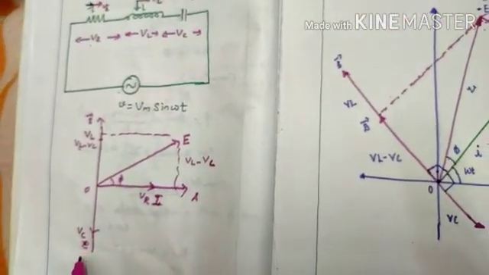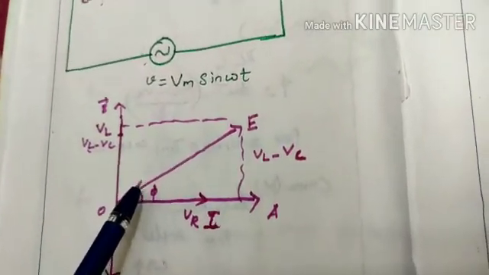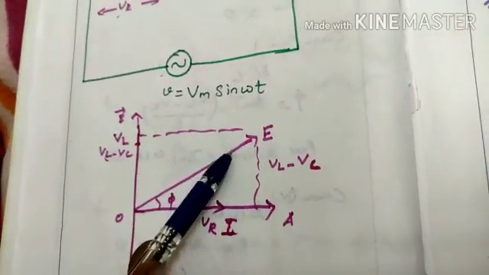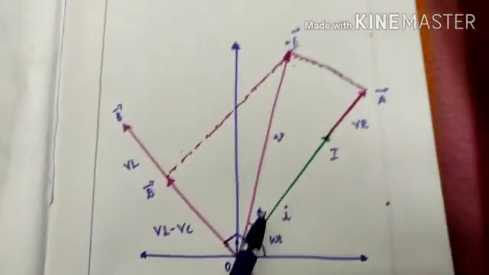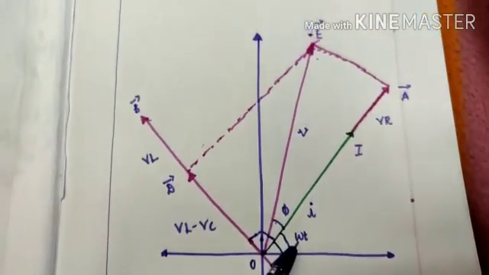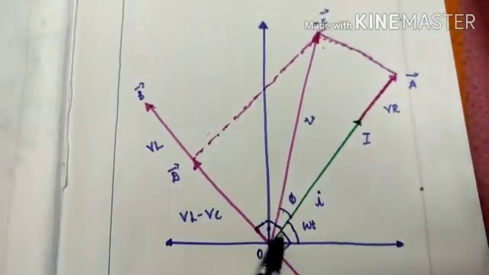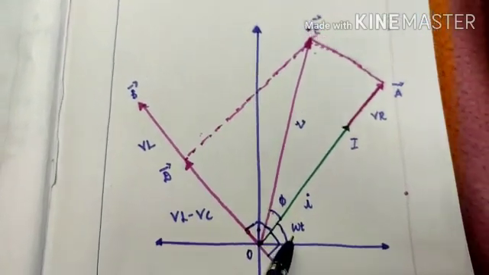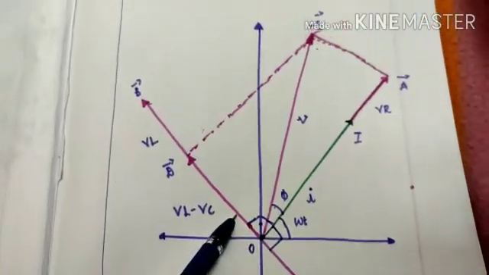A phasor is a rotating vector about an origin in the anti-clockwise direction with constant angular velocity. So here the resultant vector is rotating around its origin with constant angular velocity omega t. This is the diagram given in your book.